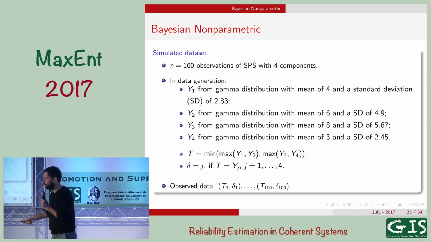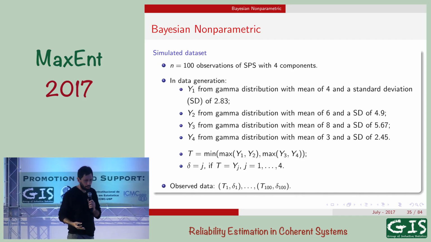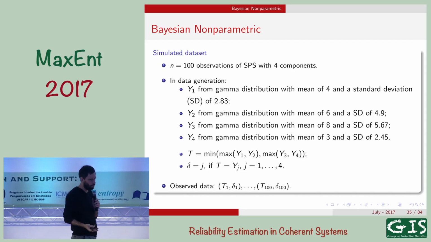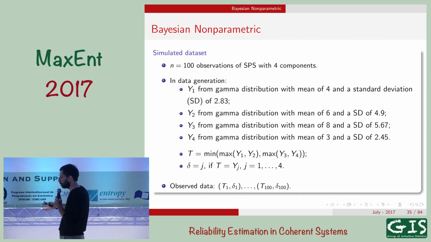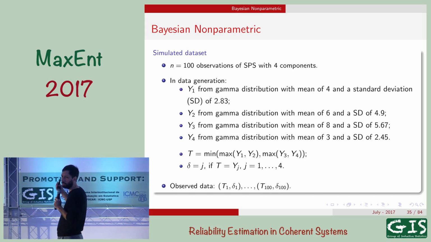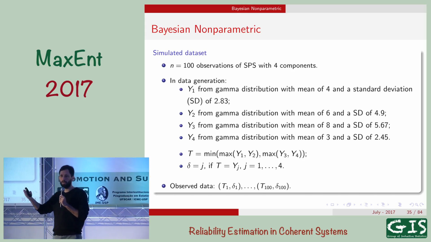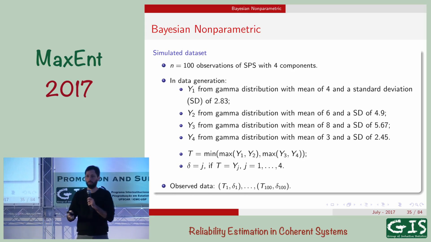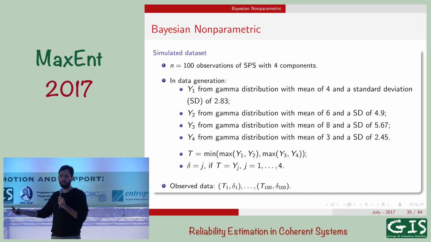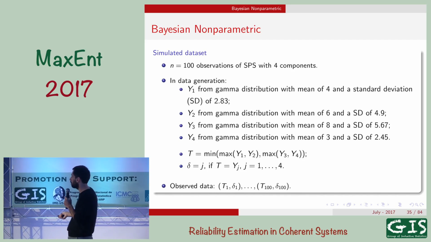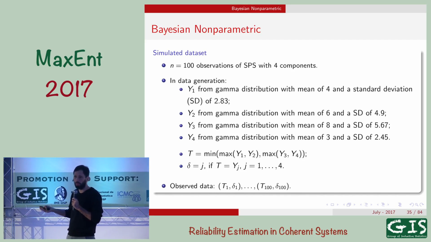This is simulated data, so it's important to know how this data was simulated, how we produce this. Of course, we only have the information of time t and who is responsible for the failure. But how do I do that? For a simulation, we generate one sample of y1, y2, y3, y4.